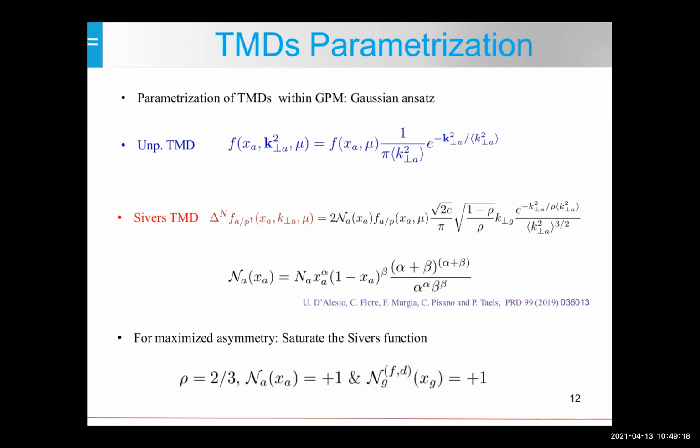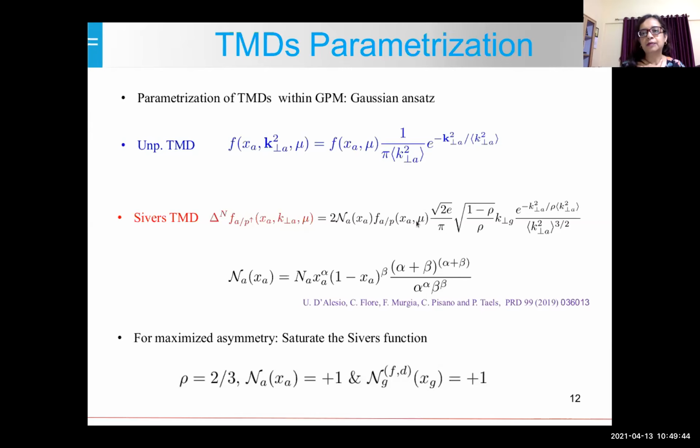No, I mean since your unpolarized TMD and Sivers TMD are both proportional to the same factor, the mu evolution is given by the usual DGLAP. This factor just cancels from the denominator and numerator. Yeah. So there's no trace of Q anymore. Yes. Okay, that's all I wanted. Thank you.